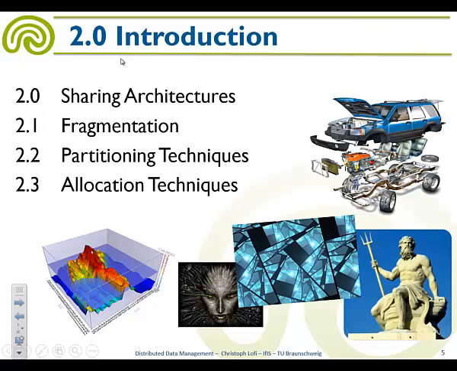So partitioning is a problem of deciding where to put the pieces, and allocation, well, how you push it to different machines and if you replicate them or not, these things. So in this lecture we will cover a very, very simple approach here, so just partitioning and allocation of relational data.